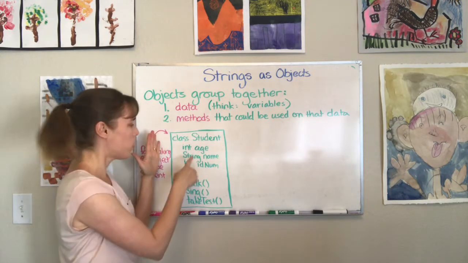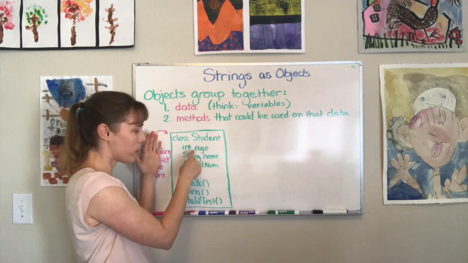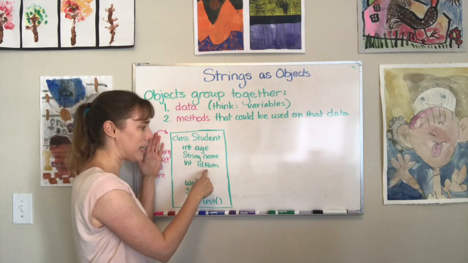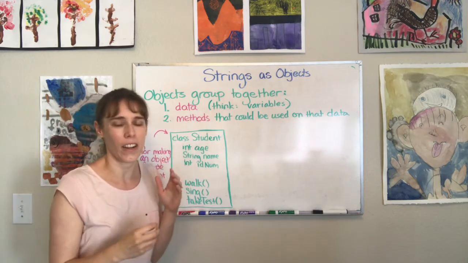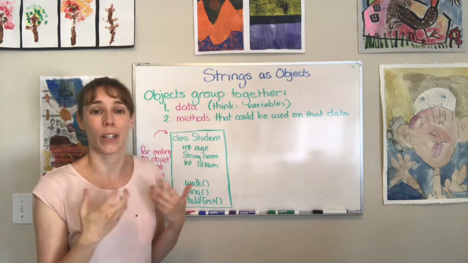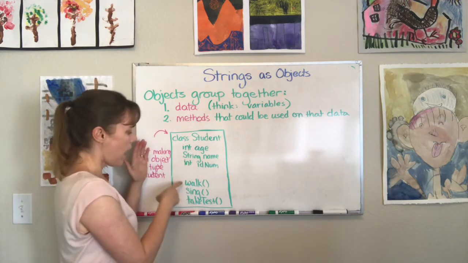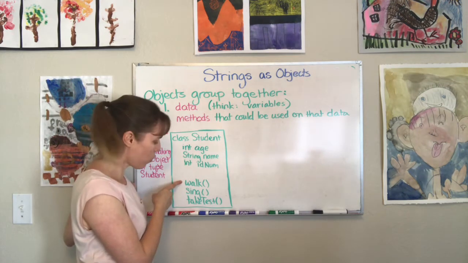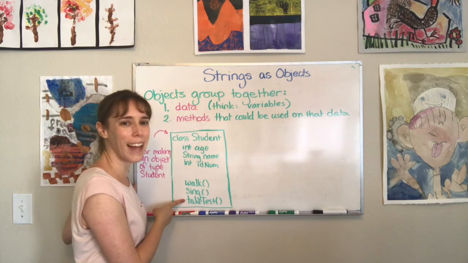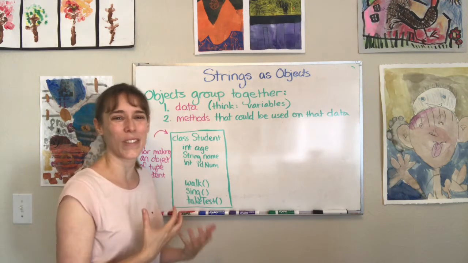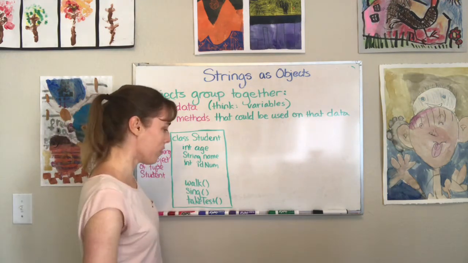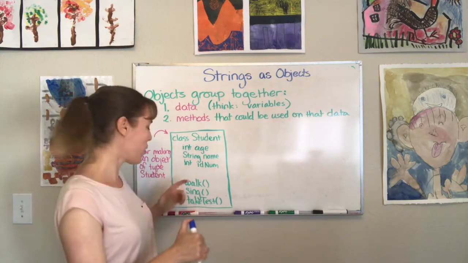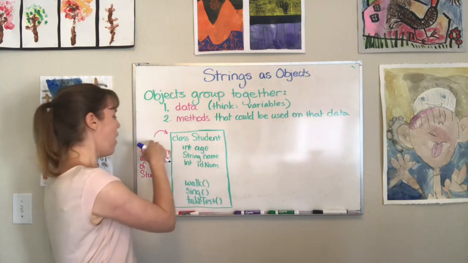They could have an age that's an int, a string name, an int ID number. All of these things are data associated with a particular student. And then you would be able to tell the student to walk, to sing, to take a test, all those things that students could do, albeit maybe not well, but doesn't matter. Things you could ask a student to do.